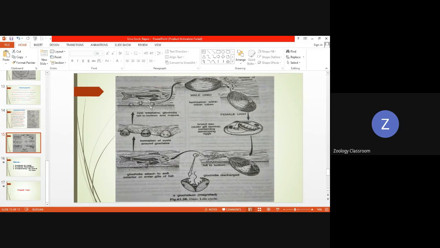And here it leads a normal life and grows into the adult. Again the adult becomes sexually mature, the gonad develops, the gonads produce the gametes, male and female. So male and female, they do their job. In this way, the life cycle of the bivalve is completed.